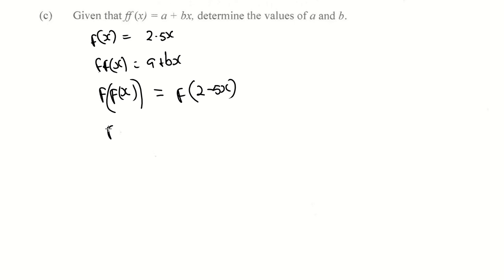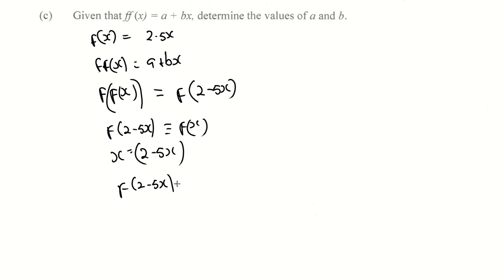Now, if we equate f of 2 minus 5x with f of x, we can clearly see that x in this function is 2 minus 5x. So wherever you see x, you're going to put 2 minus 5x. So f of 2 minus 5x is going to be 2 minus 5, and instead of x, you put in 2 minus 5x.